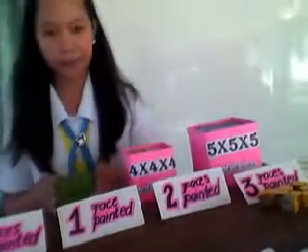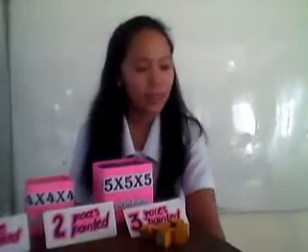Try to make a 3 by 3 by 3 size of cube and color the outer surface. So I have already a 3 by 3 by 3 size of cube. Find the method on how to get the number of cubes. How many cubes are there?